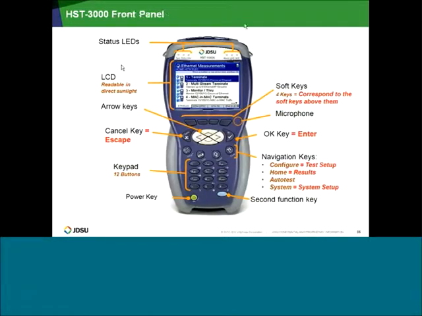Okay, and then in terms of navigation, what you're seeing here, we also have a lot of job aids available that allow you to test with the T-BERD, with the HST 3000, on an RFC 2544 test, for example. We have nice job aids that we can provide as well, with screen captures, going step by step on how to configure that.